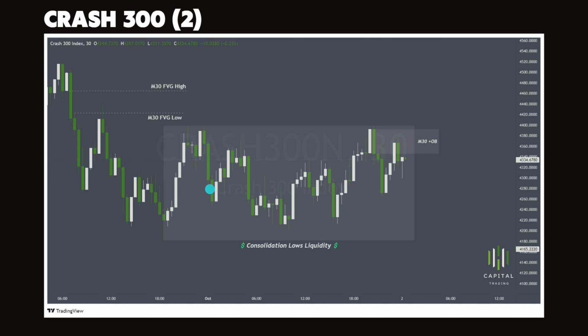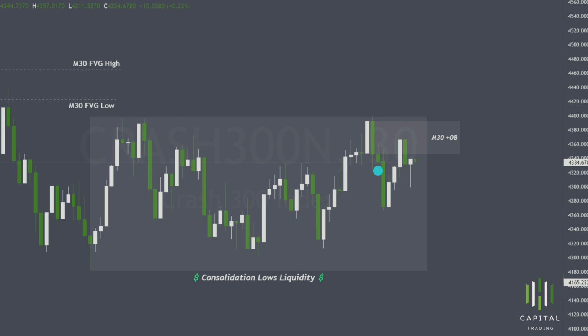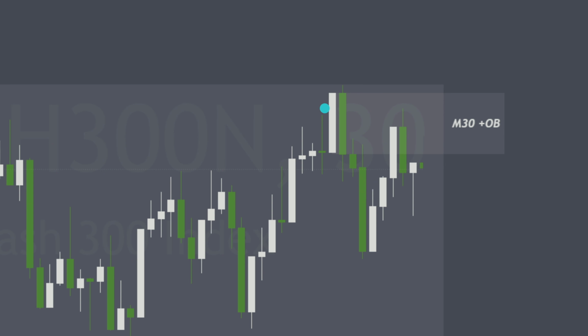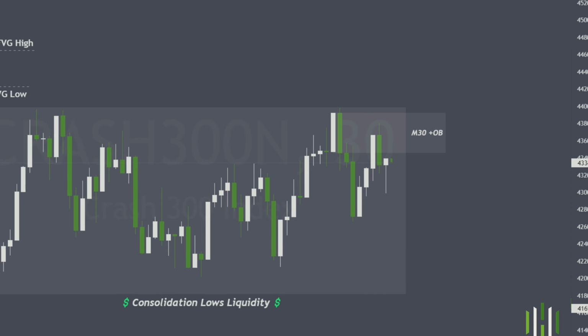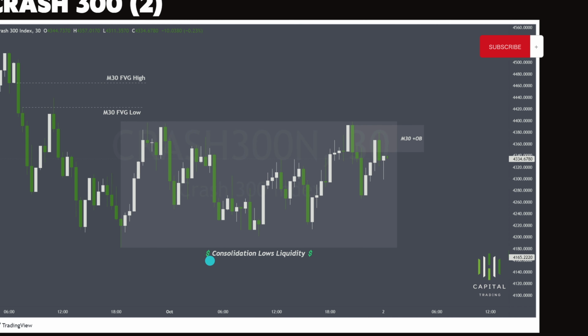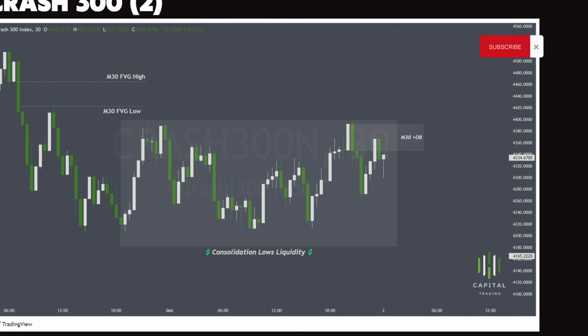Then we had price going up one last time into this bearish order block. Then we had them going down and then coming back, and then I managed to identify another bearish order block here. But what I wanted to see was, will this push price to the downside to take out this consolidation lows liquidity?